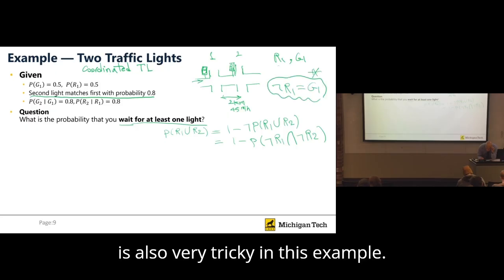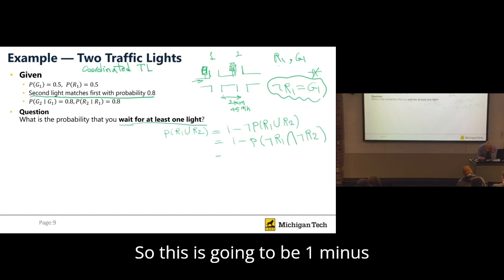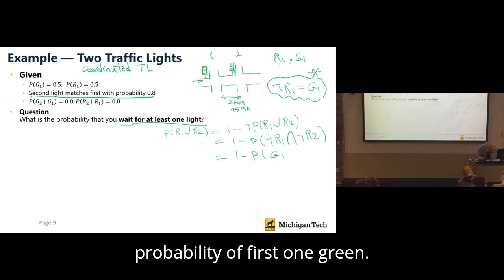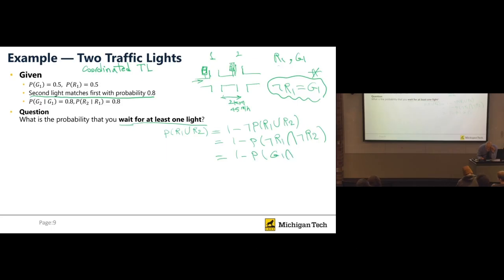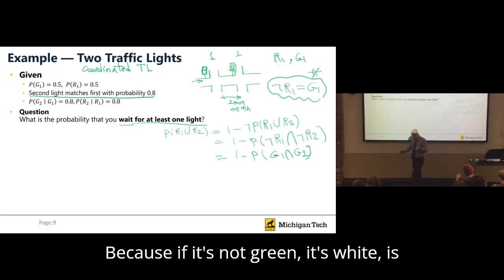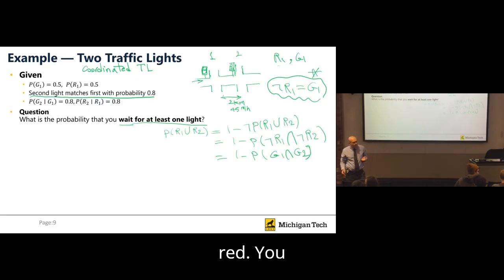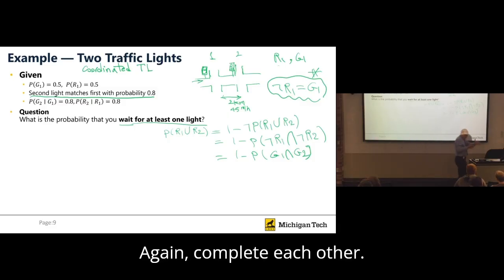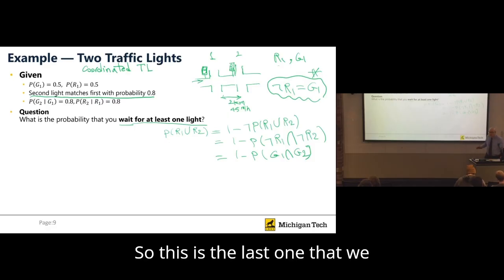This is also very tricky in this example. So this is going to be 1 minus the probability of first one green and second one green. Because if it's not red, it is green. You just have these two choices, not more. Again, they complete each other. So this is the last one that we wanted.